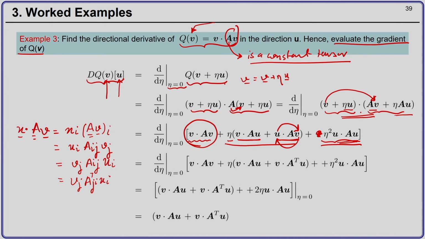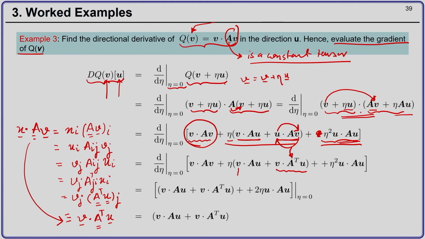Once we swap the indices, I have to put a transpose. So, this I can write as v_j (A transpose u)_j, and equivalently in direct notation, v dot A transpose u. That is how u dot A v is the same as v dot A transpose u, and this is what we use here.